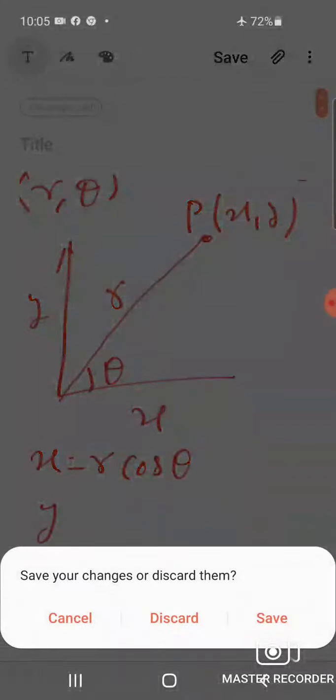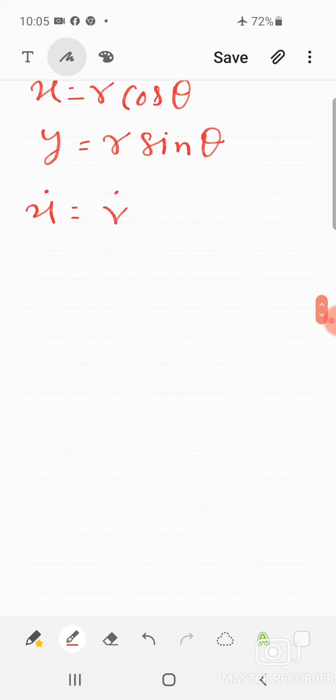Then the velocity of the particle along x and y is given by x dot and y dot. x dot will be equal to r dot cos theta minus r theta dot sine theta.